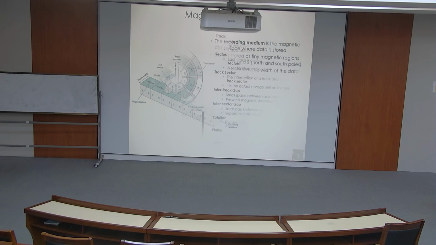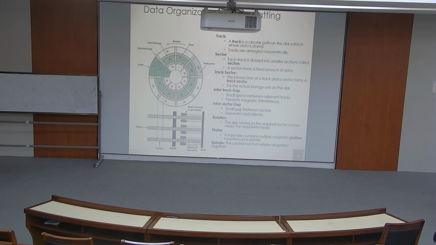Here we have a picture which depicts the data organization and formatting of the disk. We have first a track, which is a circular path, and this is the place where the data needs to be stored. Each track is divided into what we call sections, also called sectors. We have a number of sectors on this track.